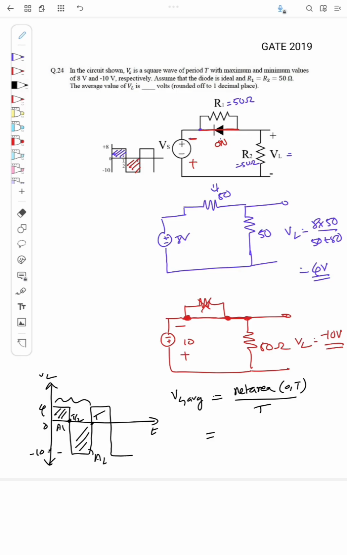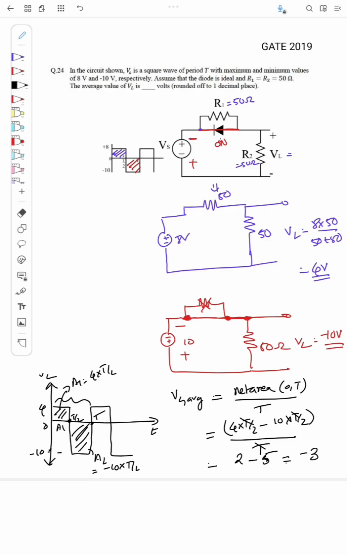A1 is equal to 4 into T by 2, the area of this rectangle, and A2 is equal to minus 10 into T by 2. So I can write 4 into T by 2 minus 10 into T by 2, that is the net area, divided by its base, that is T. So T I can cancel, and it will be 4 by 2 is 2, minus 10 by 2 is 5, so it will be equal to minus 3 volt.